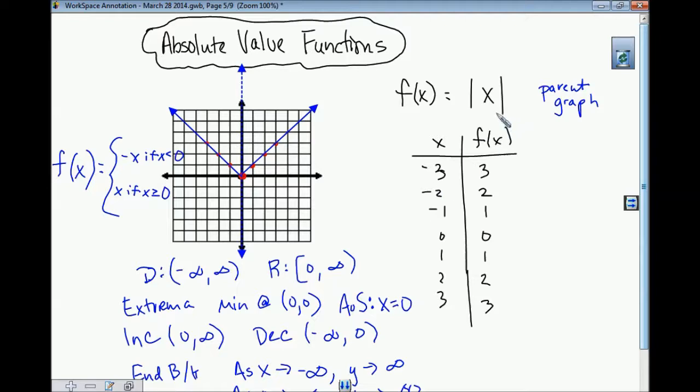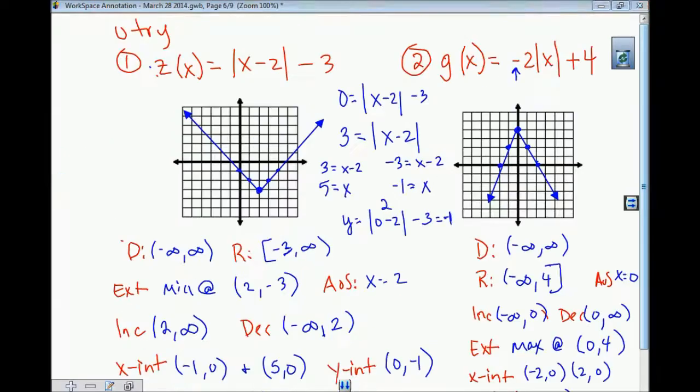Okay, so let's take a look at this one. Let's see if we can write this absolute value as a piecewise. So, what would this piece look like? Negative x minus 1 if x is less than 2.